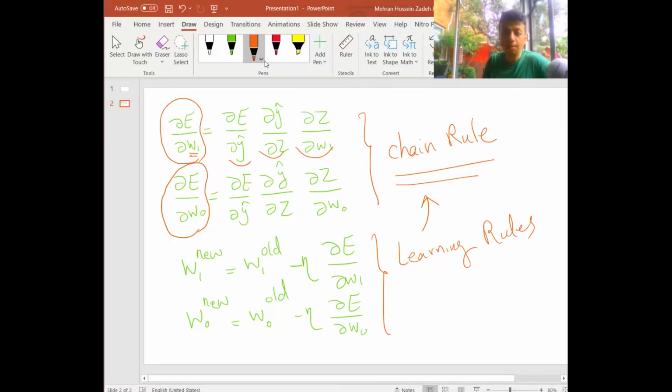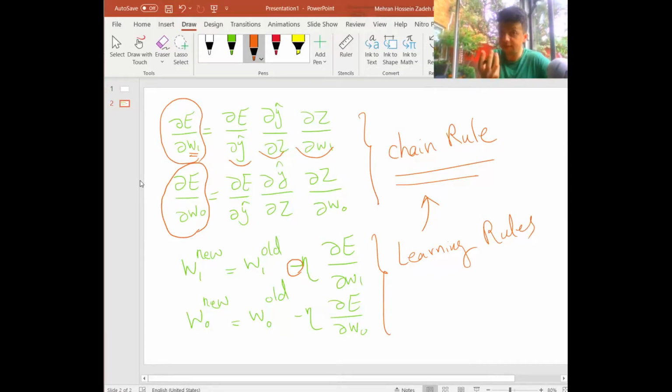Again, this is not a neural network course, otherwise I would have really focused on why we always subtract this second term from the first term. It is because we always move in the opposite direction of the derivative. So if the rate of change of error with respect to w1 is a positive value, it means if I increase my w, your error will also increase, right?